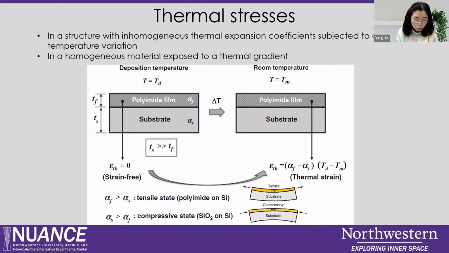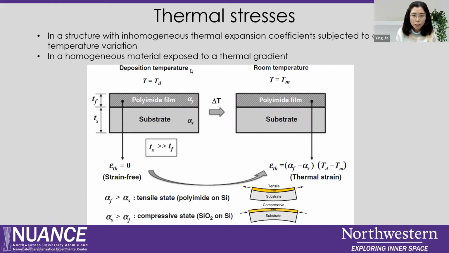Thermal stress, I talk about this one specifically because it is the most common type of extrinsic stress and is well understood. Thermal stress is related to a temperature change and the thermal expansion coefficient. This is demonstrated in this picture.